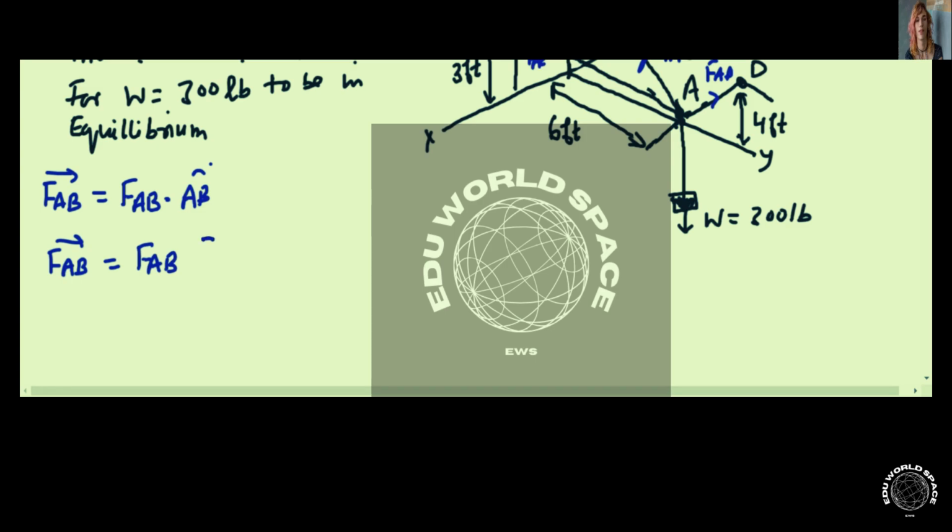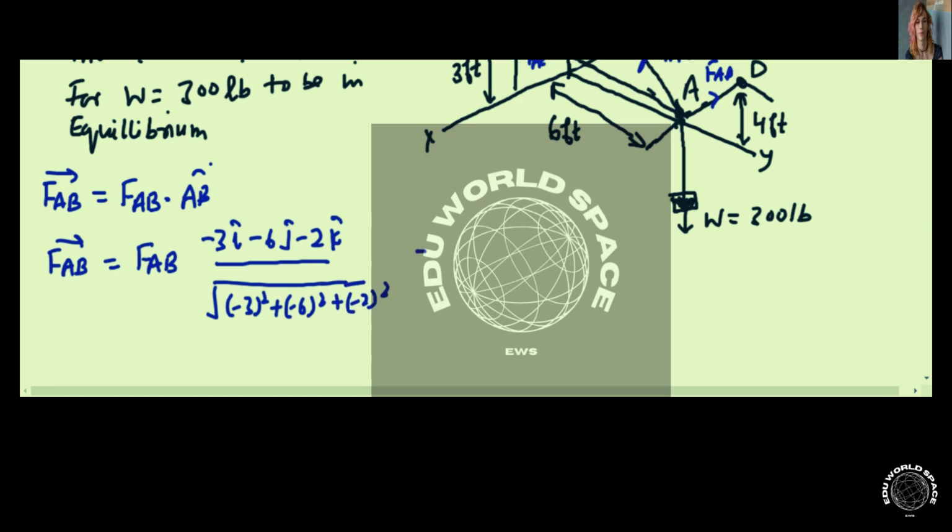It would be minus 3I cap minus 6J cap minus 2K cap divided by its magnitude, that is square root of minus 3 squared plus minus 6 squared plus minus 2 squared.